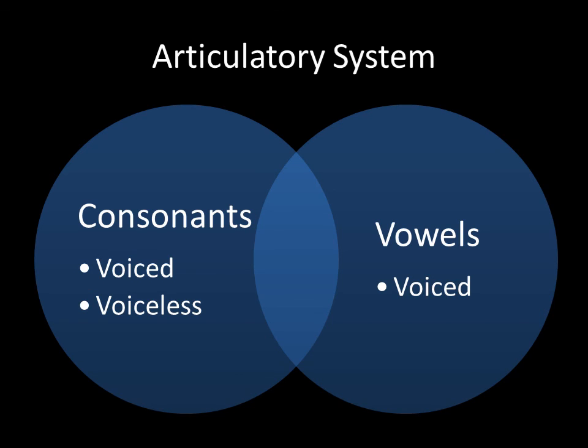Put your hand against your throat and feel the vibration when you make a voiced sound, such as ah, or b, or d, as in dog. Now put your hand against your throat while you make a voiceless sound, like certain consonants, such as p, as in p, or t, as in t.